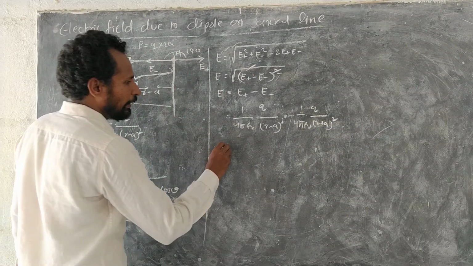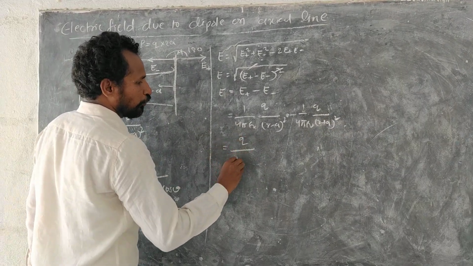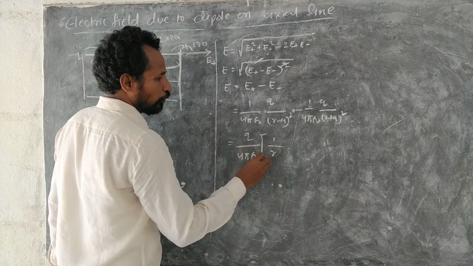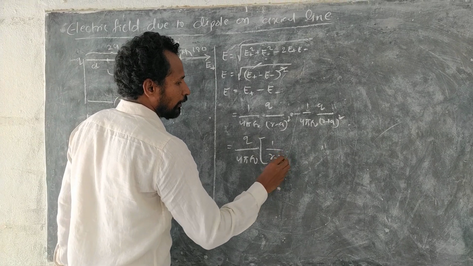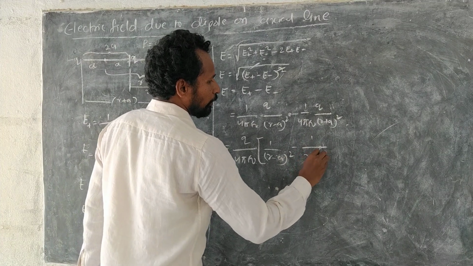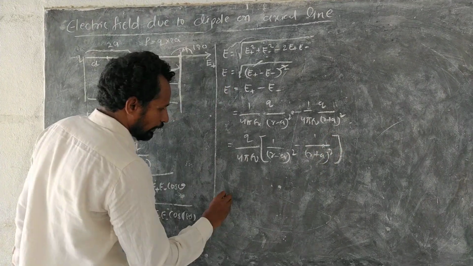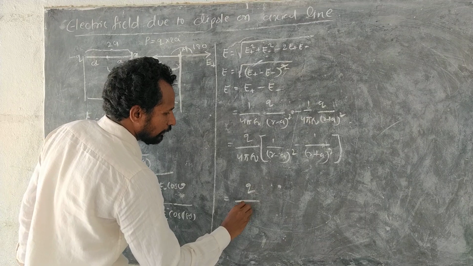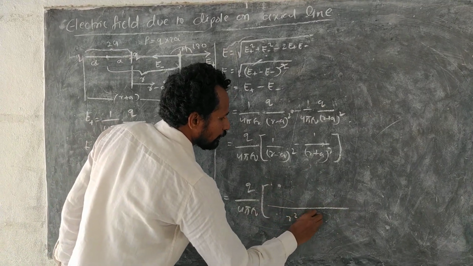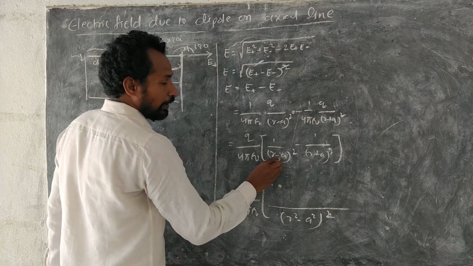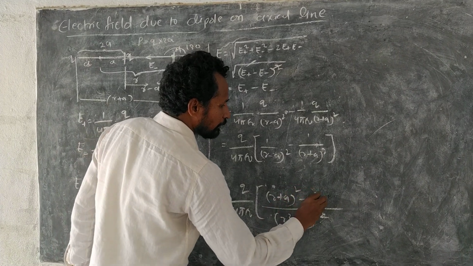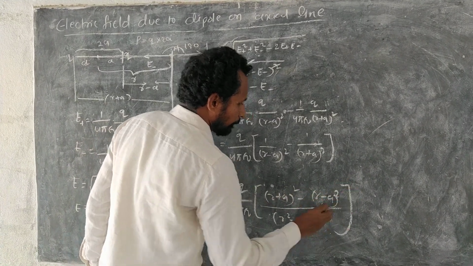Clear? Here q by 4 pi epsilon naught is common, so q by 4 pi epsilon naught times [1 by (r minus a) whole square minus 1 by (r plus a) whole square]. Now take the LCM, which is (r square minus a square) whole square. In the numerator you get (r plus a) whole square minus (r minus a) whole square.